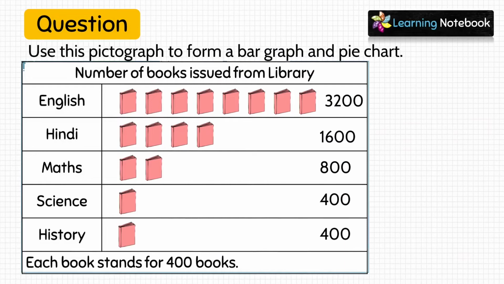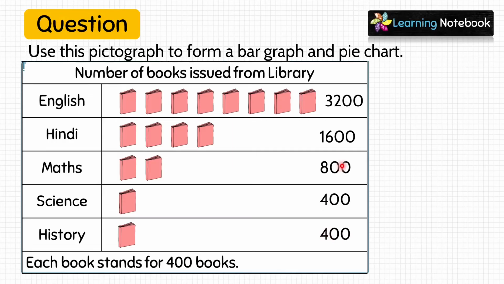Now, let's represent the same data using a pie chart. As I told you earlier, to make a pie chart, we first need to find the fraction of each type of books. For this, we need to find total number of books. So, add number of books of each type. And we get total number of books as 6400.